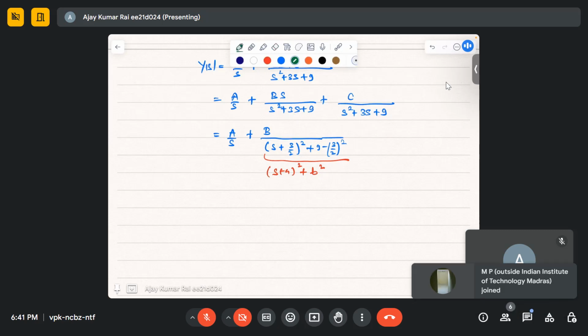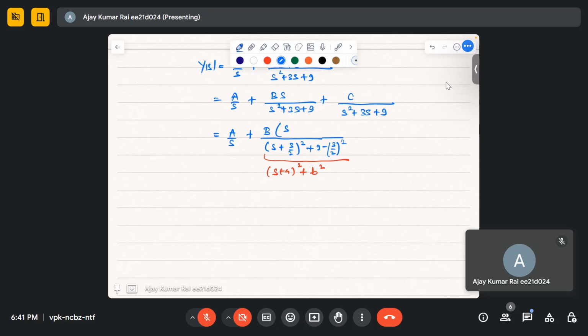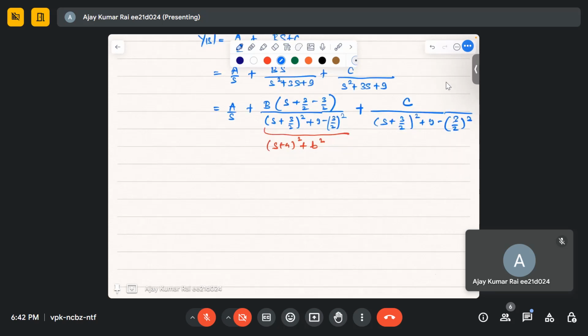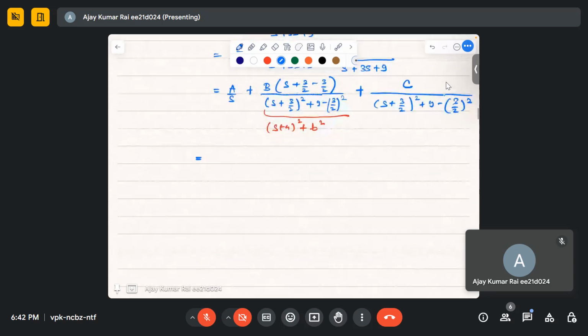And again, what you can do here is (s + 3/2) and minus 3/2. Similarly for the other one we can do (s + 3/2) square plus (9 minus (3/2) square).